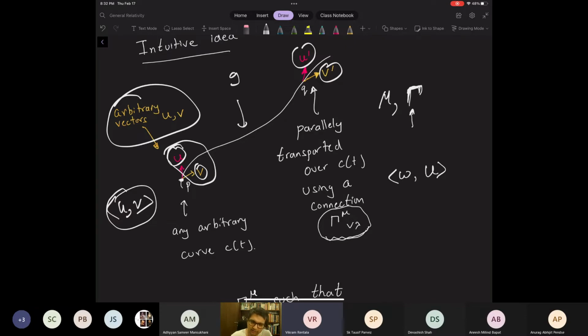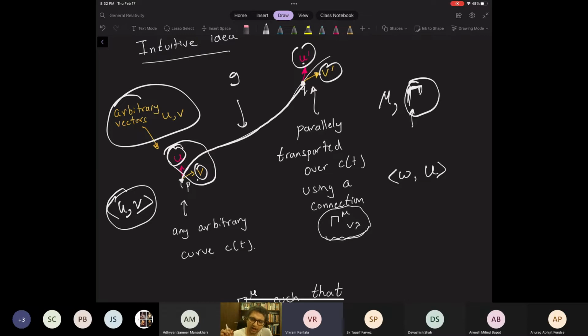And what we demand is that the connection should be such that when I parallelly transport these two vectors from here to here, and I take their dot product here and their dot product there, the dot product should not change under this parallel transport. That is the demand that we make.